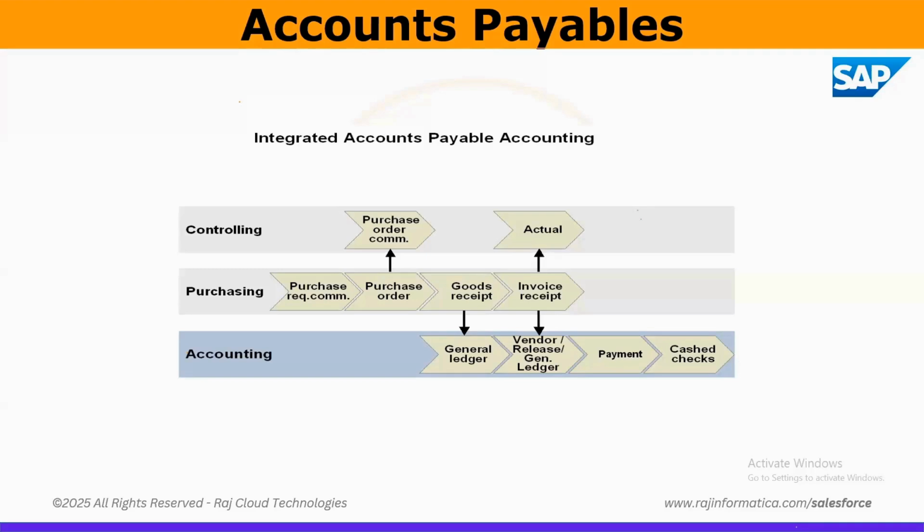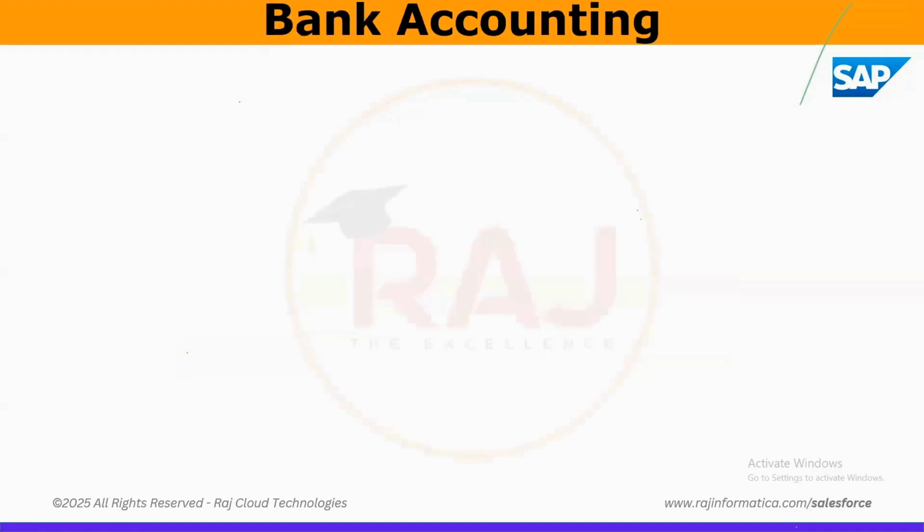And then you can make the payment either in cash, through check, or by bank transfer. So this is how you can make the payment for a vendor. So accounts receivable and accounts payable, these two modules handle the entries which are related to customers and vendors.